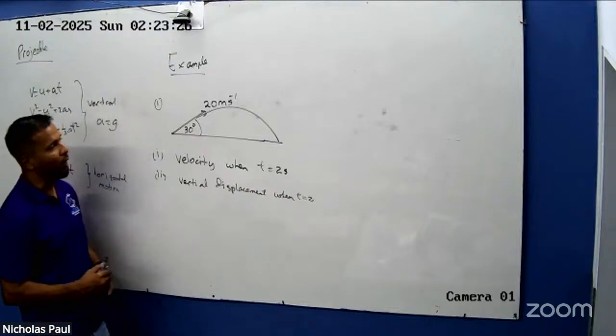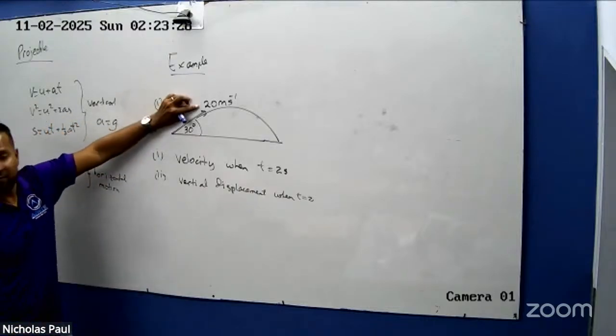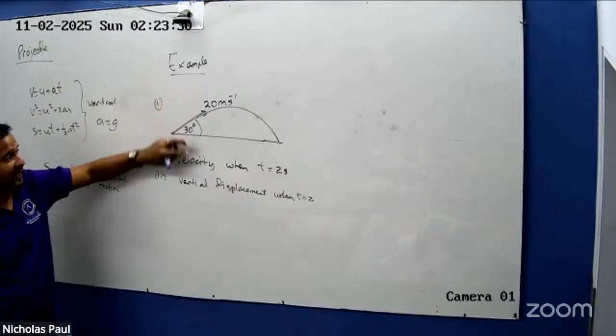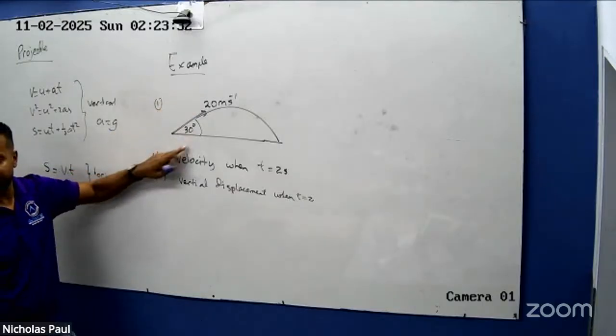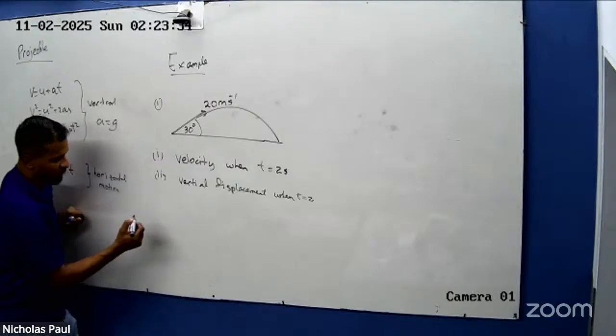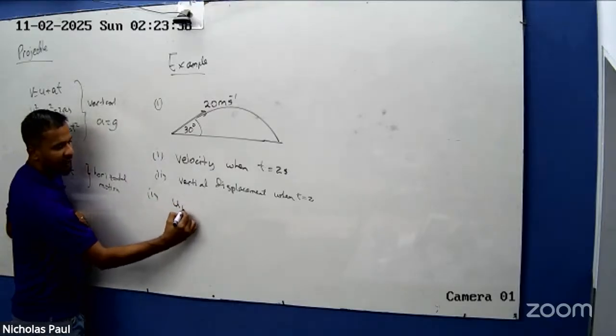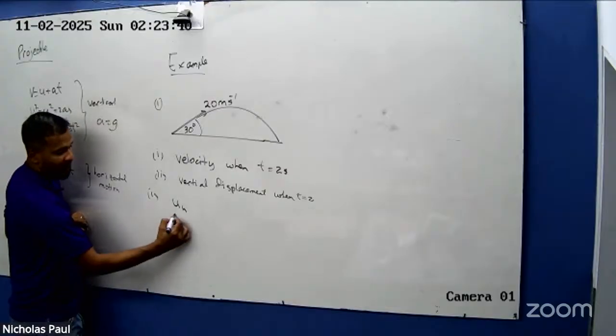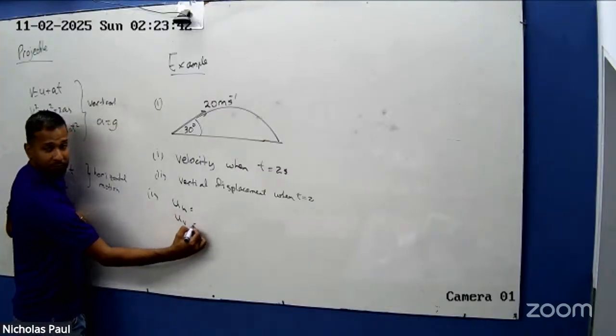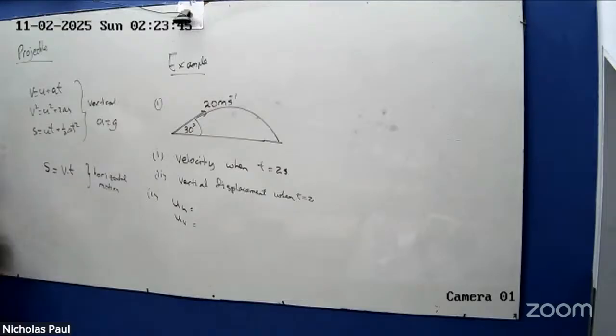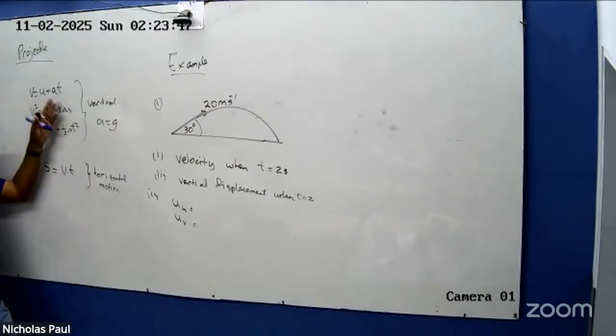So number one, if they give us the speed 20 meters per second at an angle of 30 degrees, can we find the initial horizontal component and the initial vertical component? Because remember, we need these things if we have to use the equations.